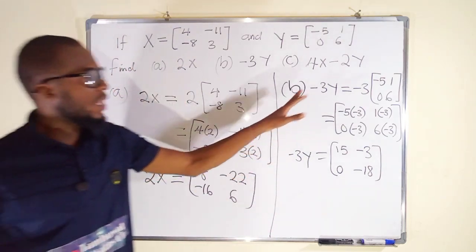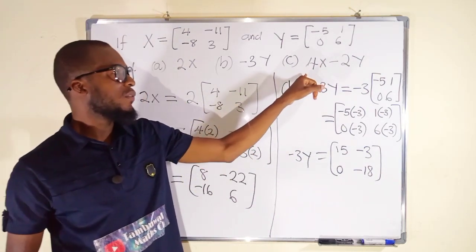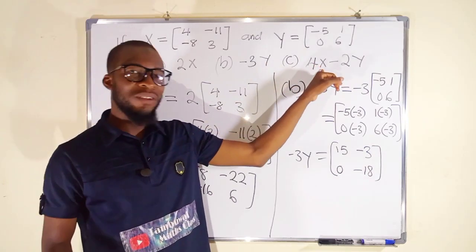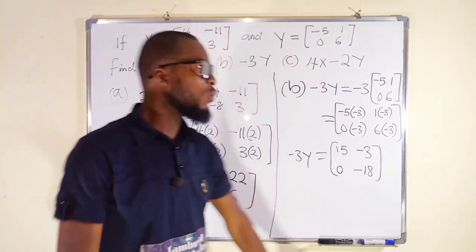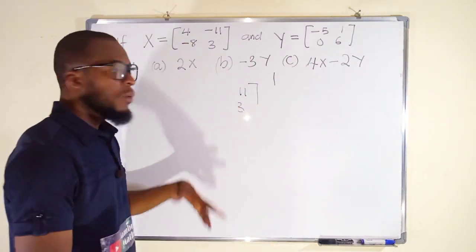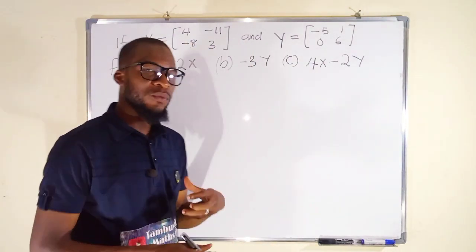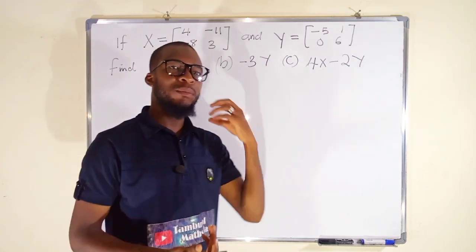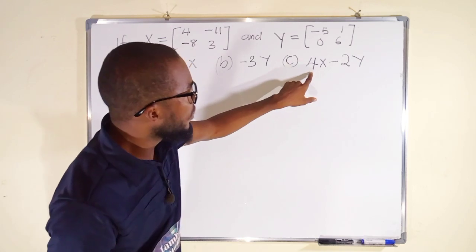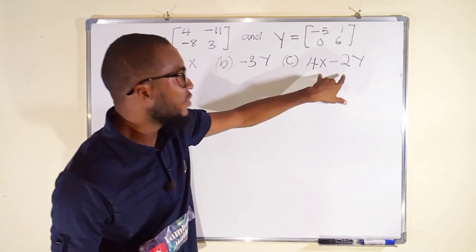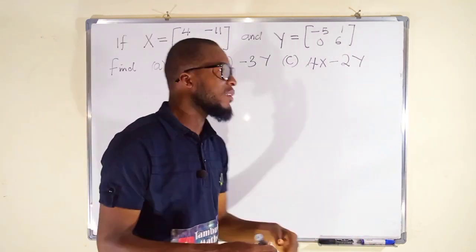Let us look on to the last one, which is a simplification of 4 multiplied by matrix x minus 2 multiplied by matrix y. While simplifying matrices, you are always free to apply the principle of BODMAS. So now we are going to first of all multiply each of these matrices by their corresponding scalars.